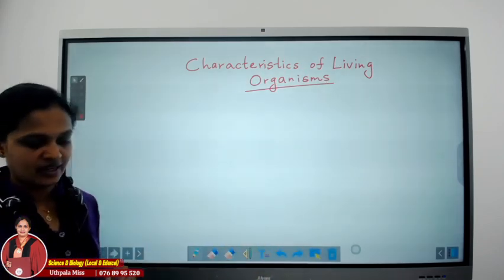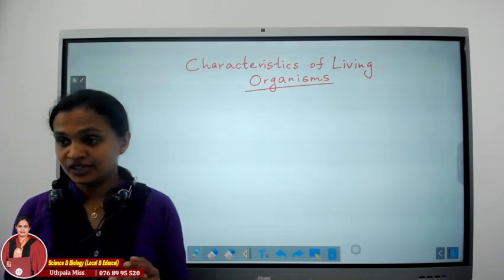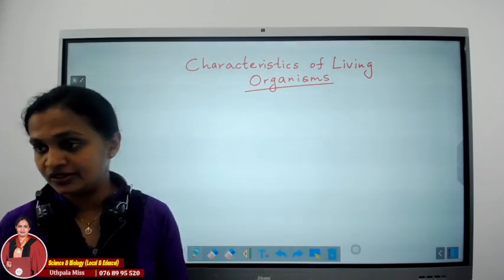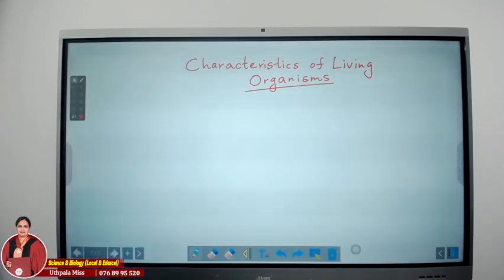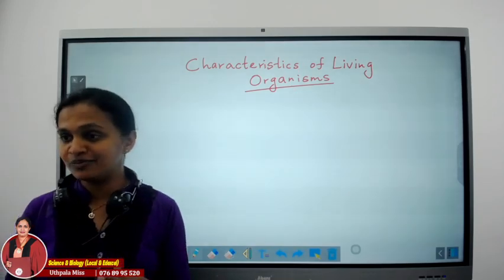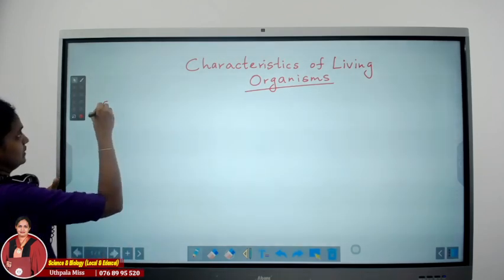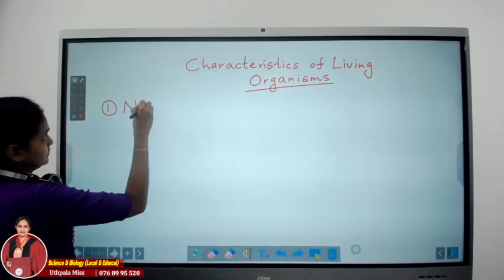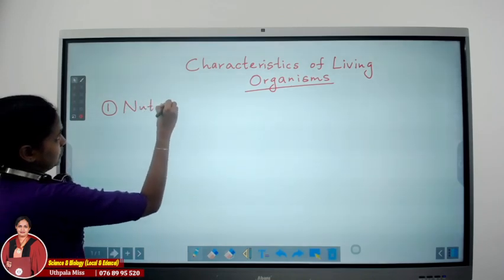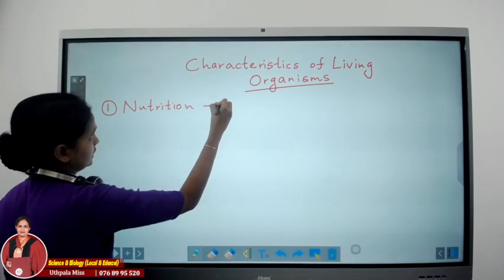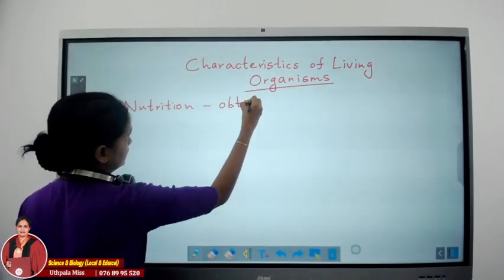So, they need nutrition, right? They need nutrients. The process from which they obtain nutrients is known as nutrition, right? Nutrition. And by means of nutrition, they obtain the materials.